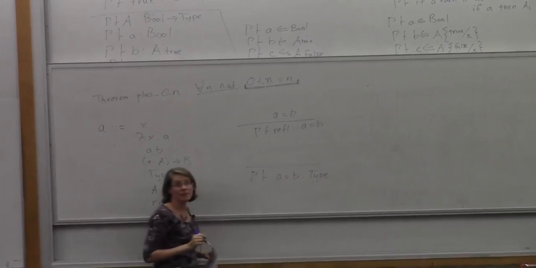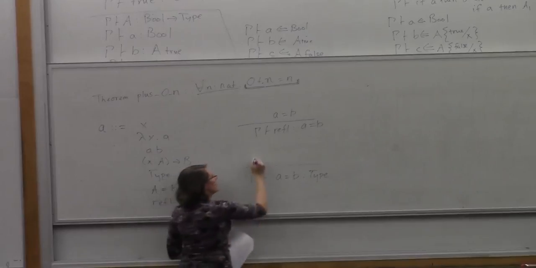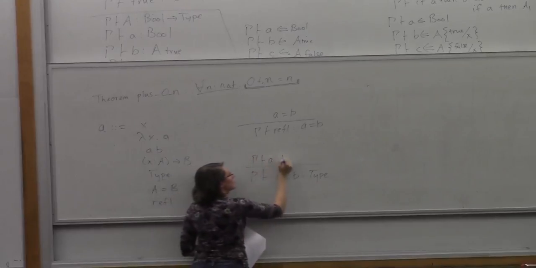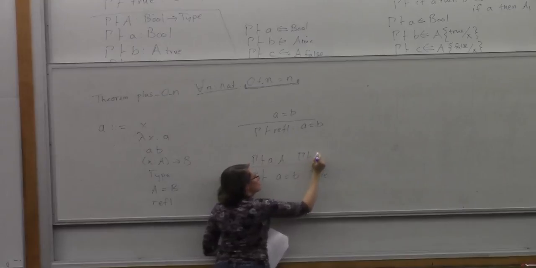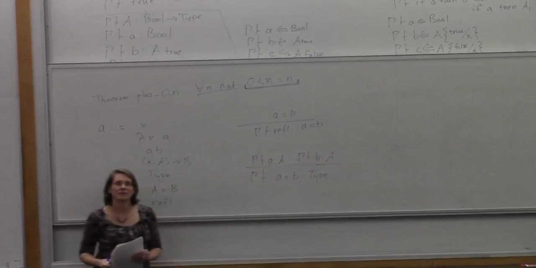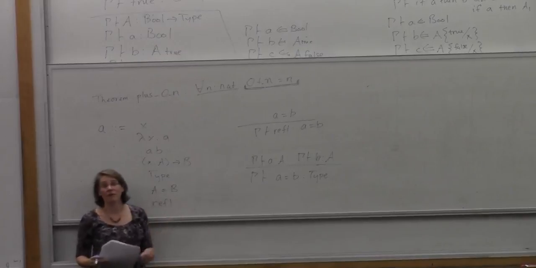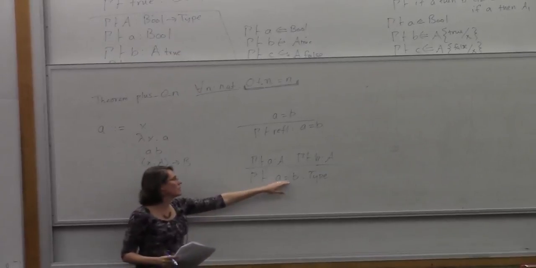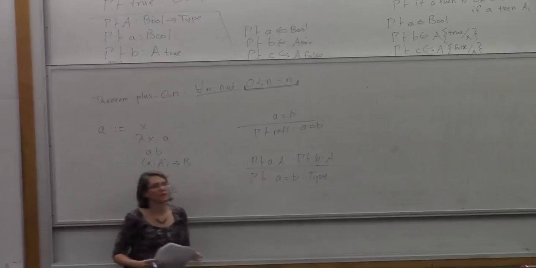That is the case when a has type A and b also has type A. So both sides have it. I'm just not writing down capital A. You can get it by looking at the types of lowercase a and b.